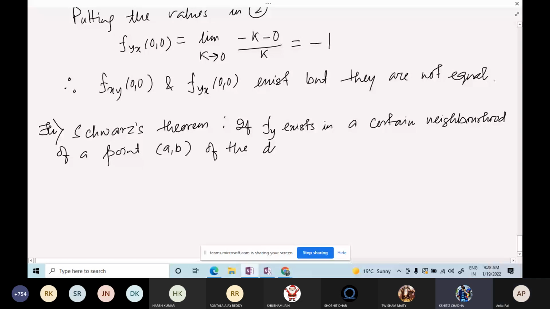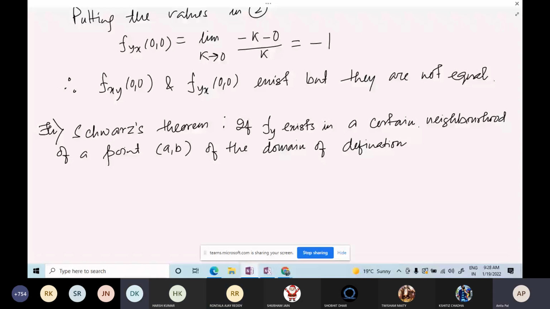Ma'am, your screen is lagging. It is not appearing. It's visible. Some are saying appearing, some are saying not appearing.